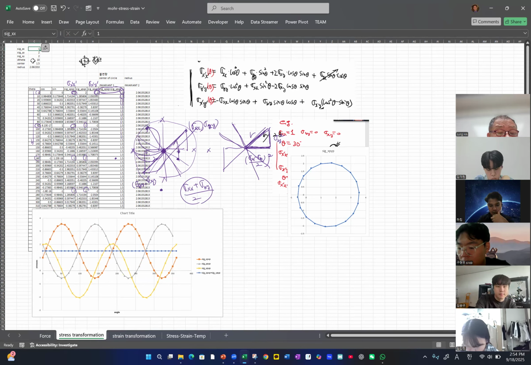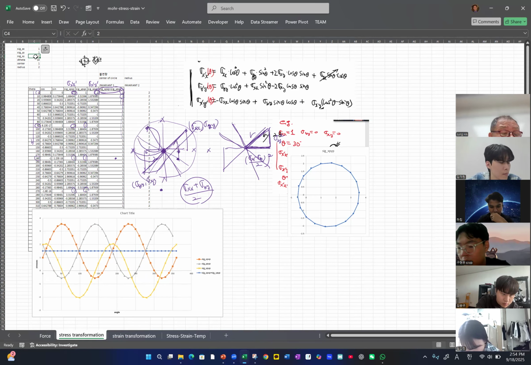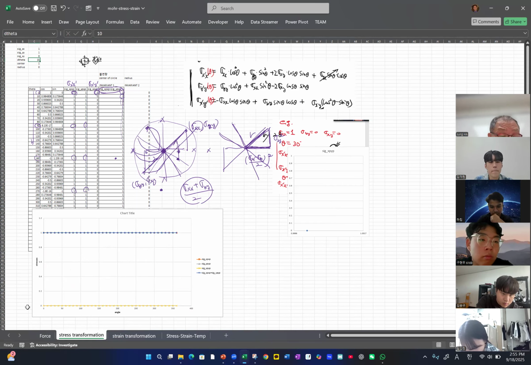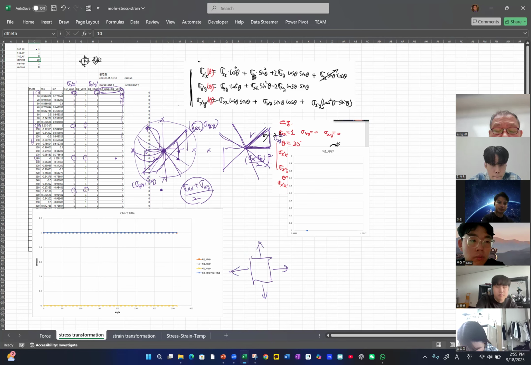Now, let's try sigma xx equal 1, sigma yy equal 1, and sigma xy equal 0. What happened? 1, 1, 0 means a stress state like this, sigma xx and sigma yy like this, and no shear.